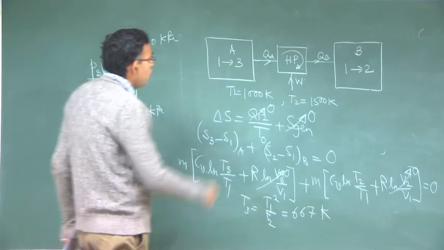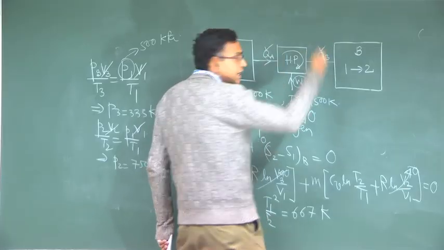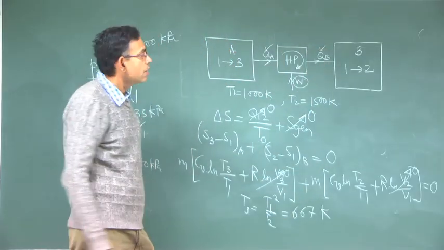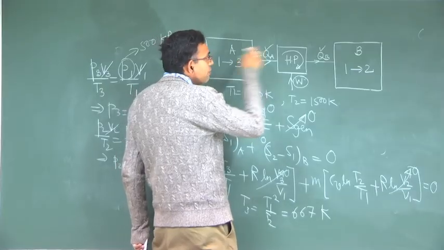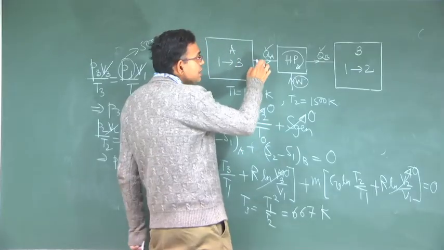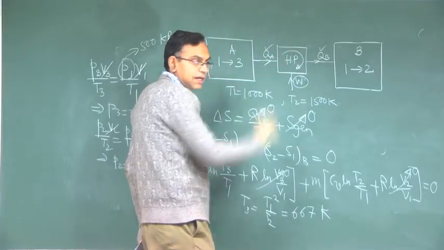Now, to get this work done you require heat transfer here and heat transfer here. So, for that you have to apply first law separately for A and B to get these heat transfers. Otherwise, if you apply first law for the whole system you will not get that.